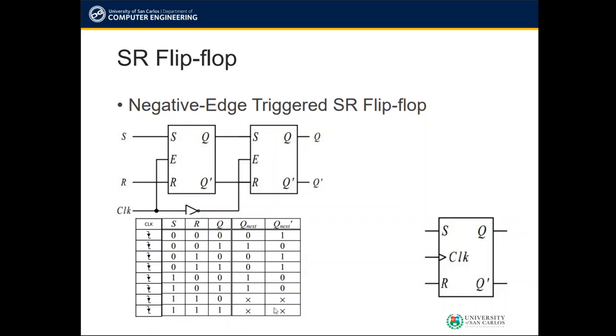It may happen at a certain time if the value is 1, 1, but we discourage applying this in your circuit. But later on you would know why, or the updates for this flip-flop.